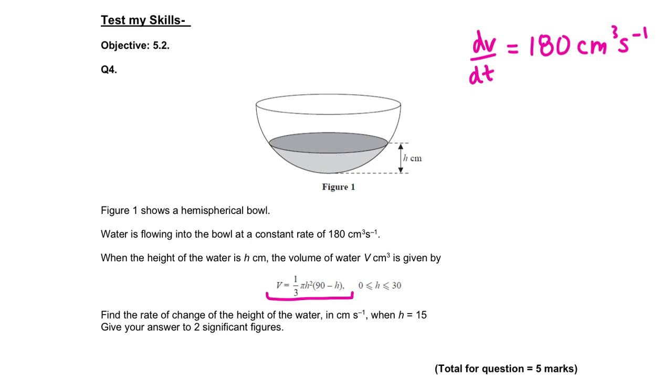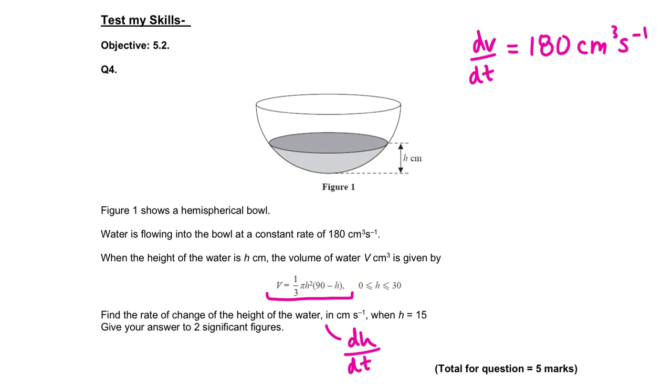Okay, so what do we want now? Yeah, we want dh/dt, because it wants the rate of change of height. Okay, and h stands for height, when h is 15.